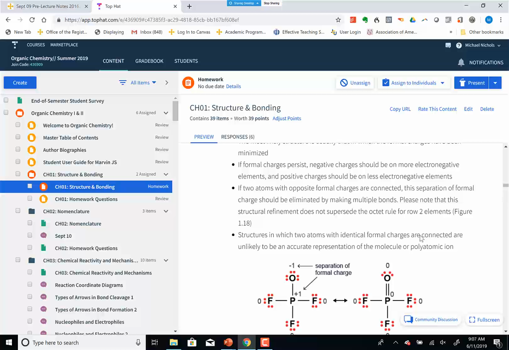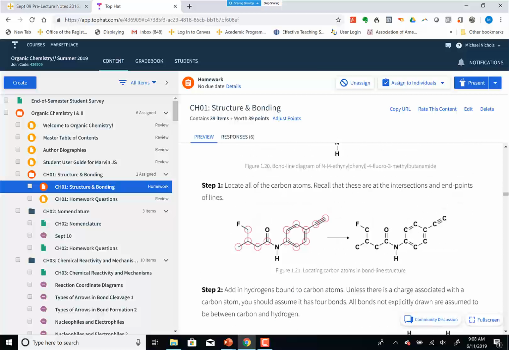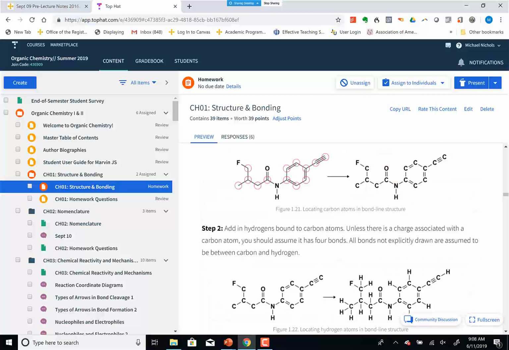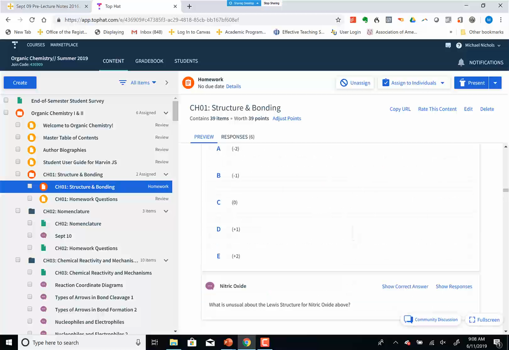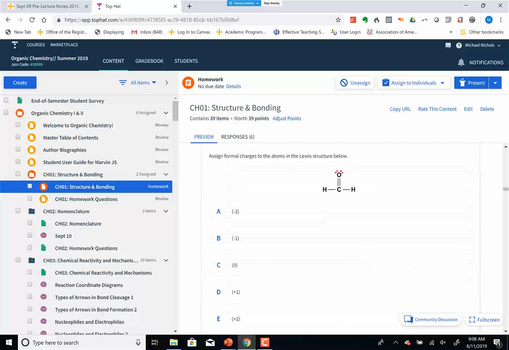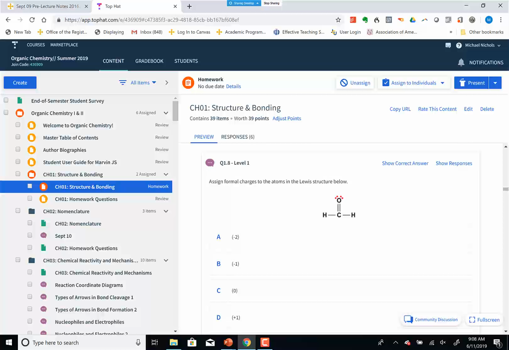Come on. I went too far. Okay, 1.8. We're getting closer. 1.9, 1.8. Okay. So 1.8, assign the formal charges to the atoms in the Lewis structure below.